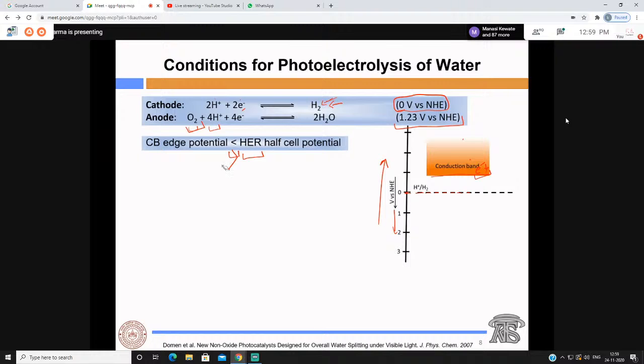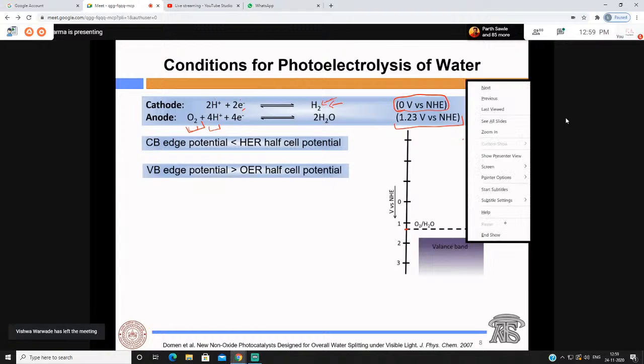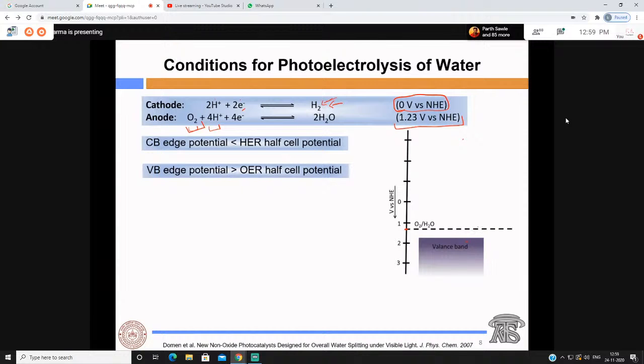In a similar fashion, when the oxygen evolution happens, on the energy scale it is at 1.23 volt, and for the hole which participates, the electronic energy of this oxygen evolution reaction should be higher, so that a hole can come and participate in this reaction.